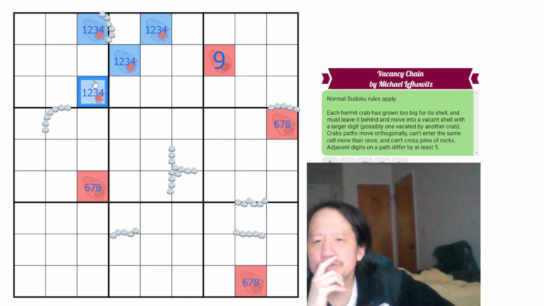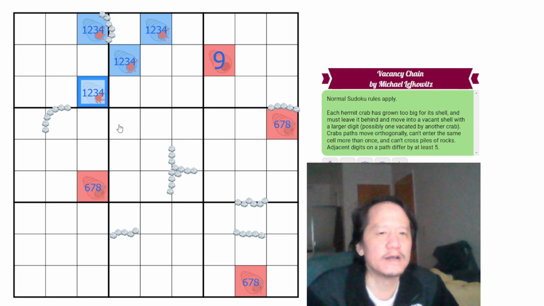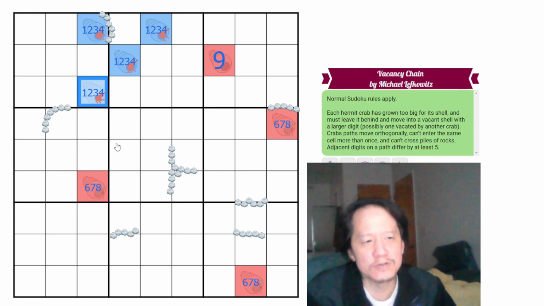I'm wondering also if it says it means can't enter the same cell more than once. That means crab paths, as a whole, can't enter the same cell more than once. Right?